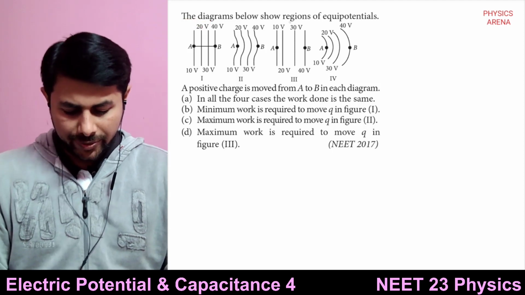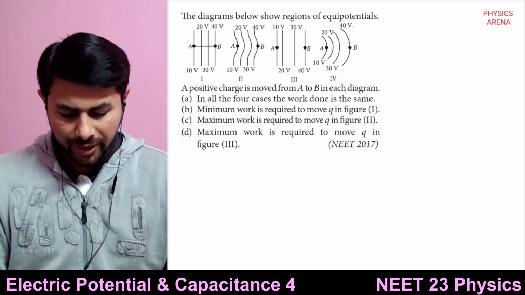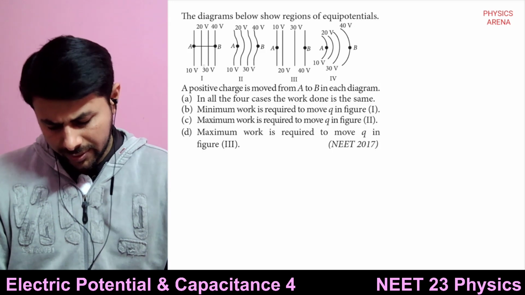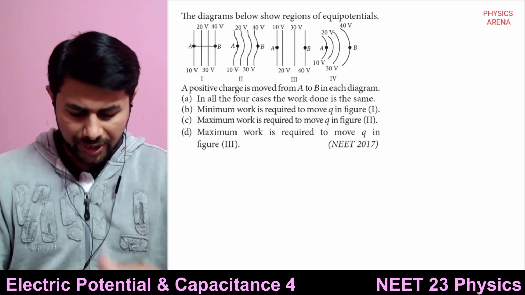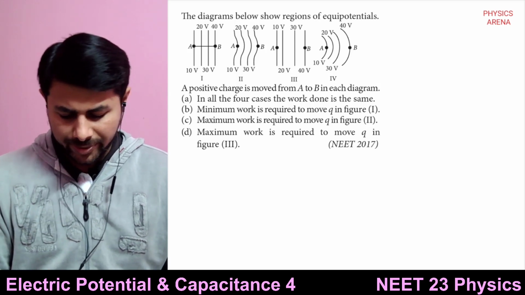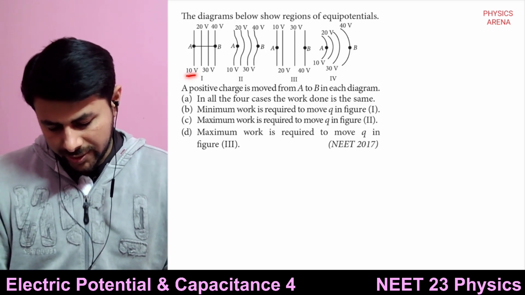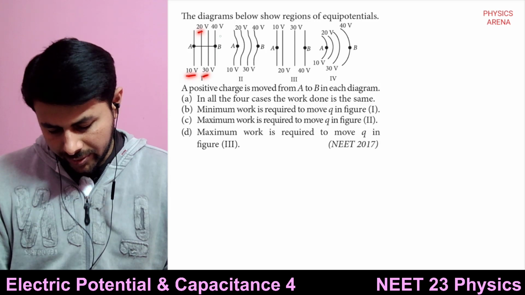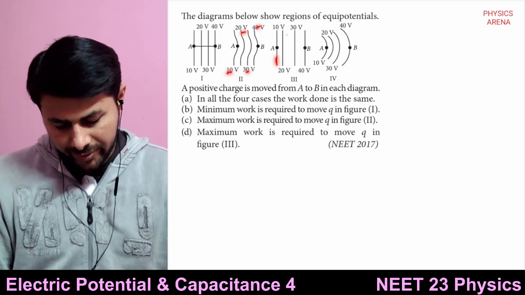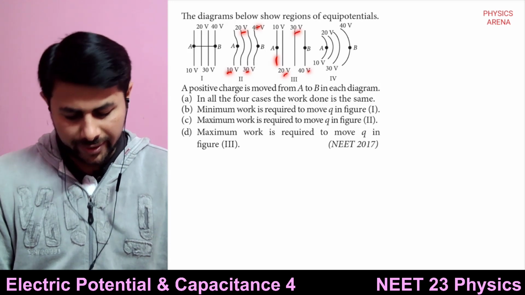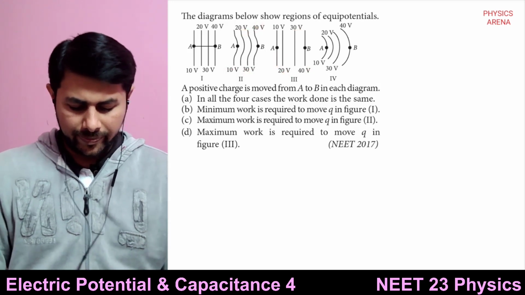The diagrams below show regions of equipotentials. So these are some equipotentials of various shapes. How much are the potentials? 10 volt, 20 volt, 30 volt, 40 volt. Here also it is 10, 20, 30, 40, right?